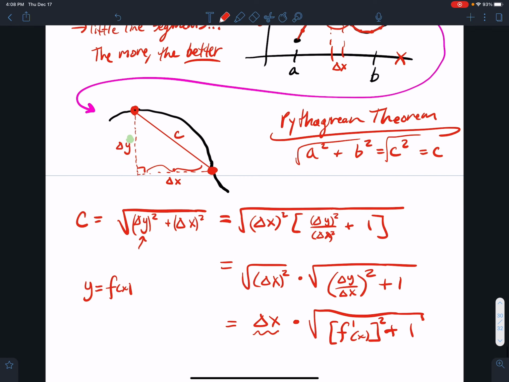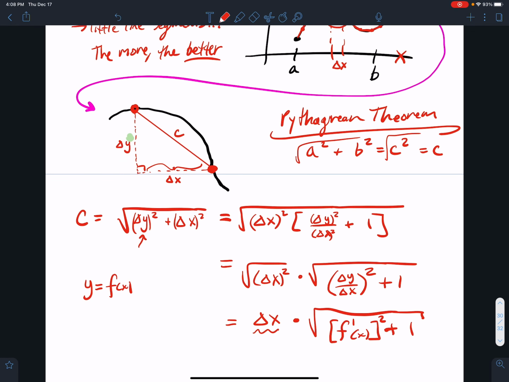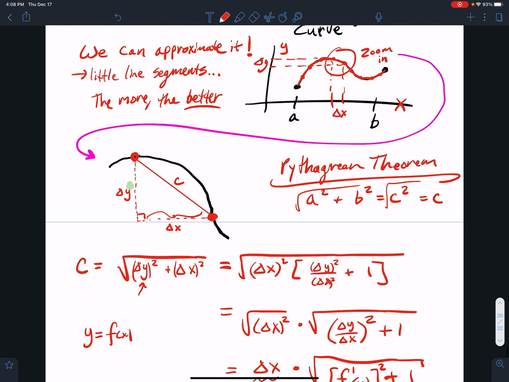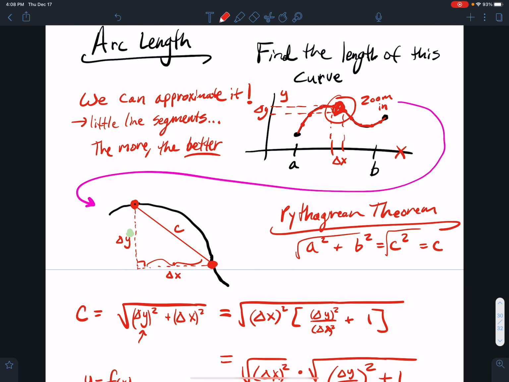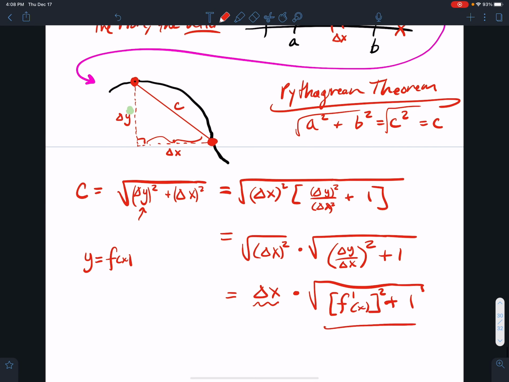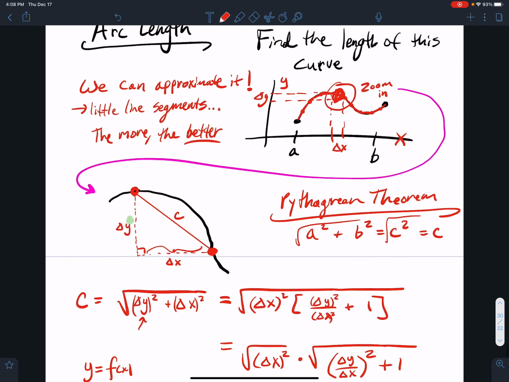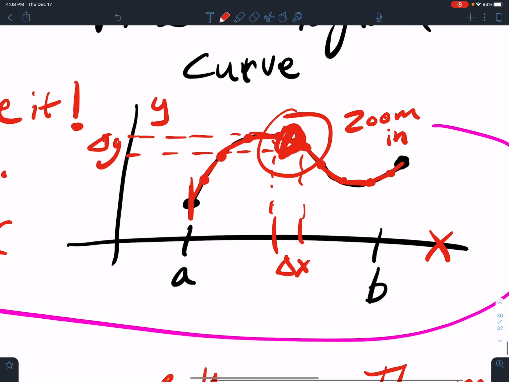Once again, this is hand waving going on here. I'll show you the mathematical proof for those interested in just a second. But for our purposes, to sum one of those little things is this formula here. What I want to do is sum all of them from A to B. How do I sum infinitely many little line segments from A to B?